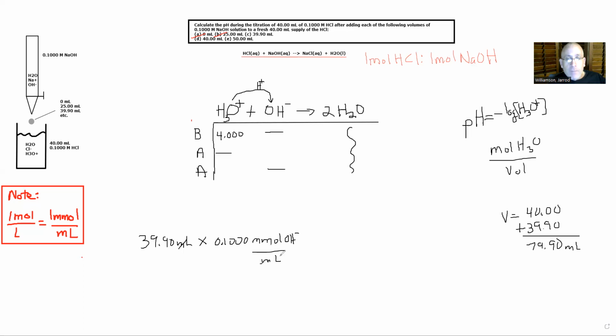When I do that, that's going to give me 3.990. So 4 minus 3.990 gives me 0.010 millimoles.